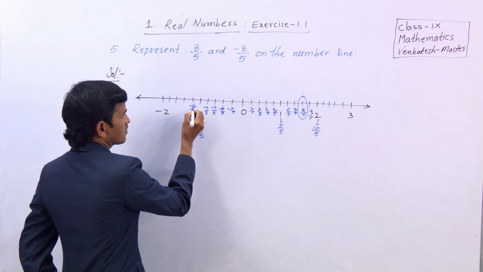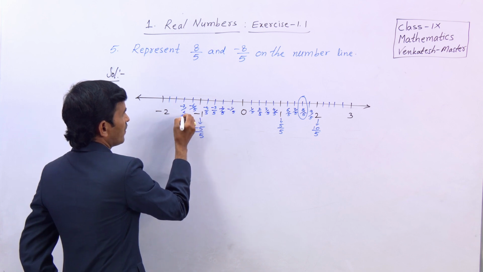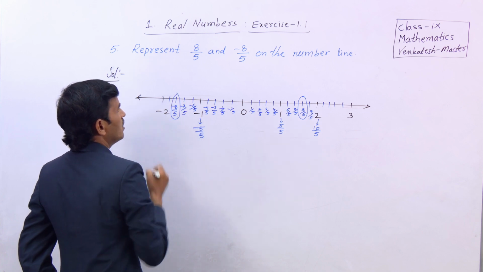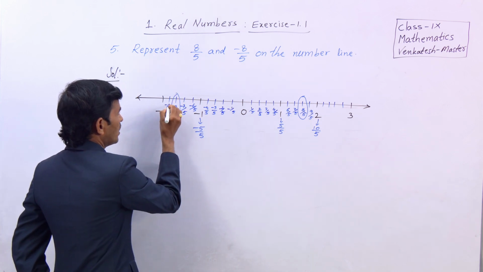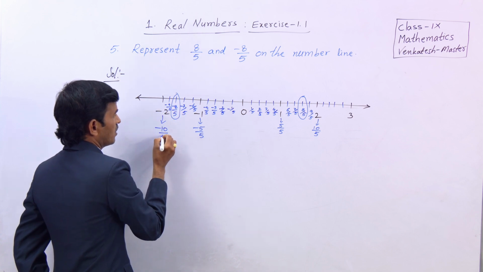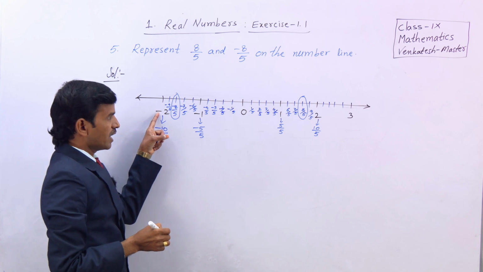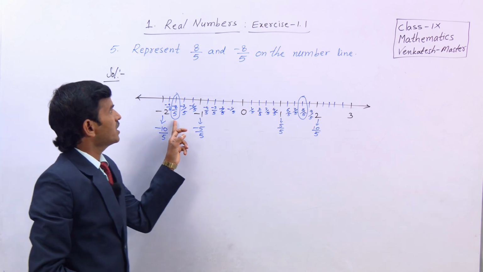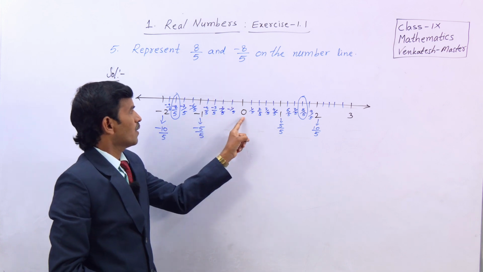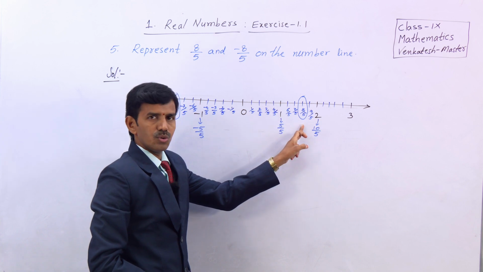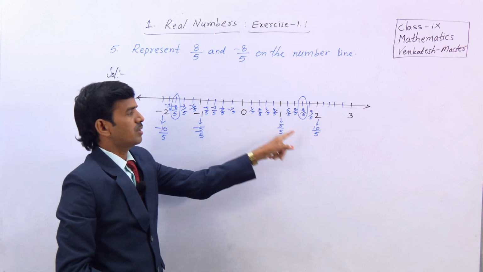Next, minus 6 by 5, minus 7 by 5, minus 8 by 5, which is our required number. Next, this one is minus 9 by 5. Minus 2 is nothing but minus 10 by 5. If you cancel this, you will get minus 2. So these are our required numbers, which we represented on the number line; the negative is on the left side of 0. 8 by 5 is on the right side of 0 as it is a positive number.